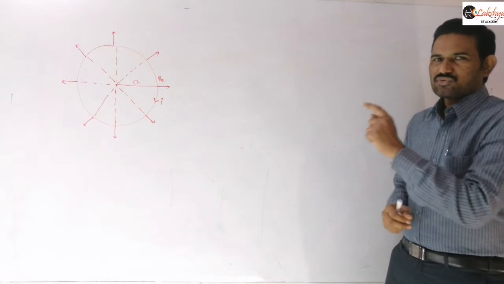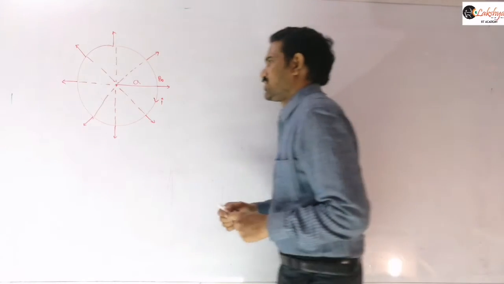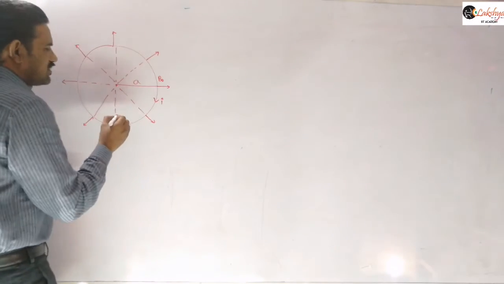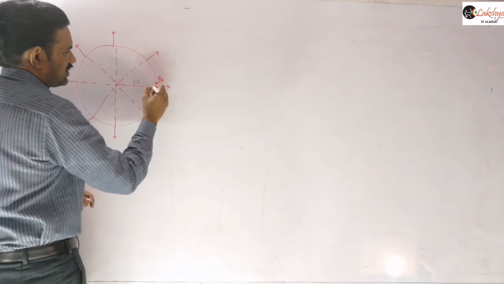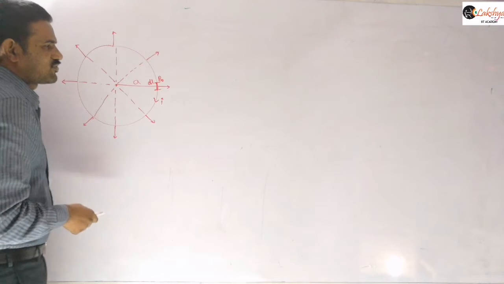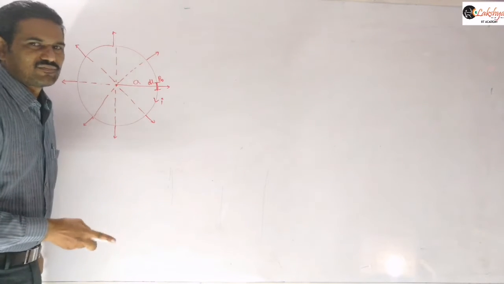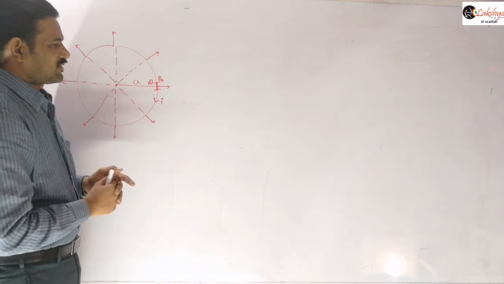So it is not 0. You should think it carefully here. So let us take a small element here. Let us take a small element of this conductor of length dl for example. And now let us write the force acting on this small element here. So can you identify the direction of the magnetic force there?